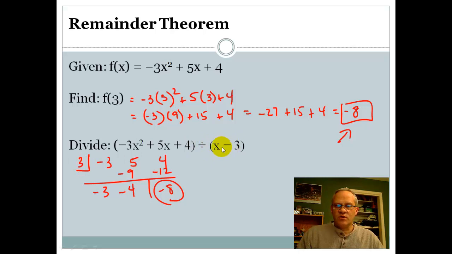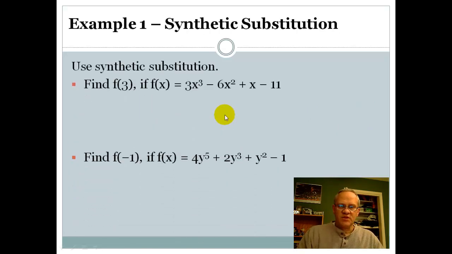When it's in the x minus 3 form, that's where we change it because we want to find out that x equals 3. But when it's in this form, like f of 3, it stays the same there. Okay, so we're not going to make this a negative 3. This is going to be a positive 3 here. So depending on what form it's in.